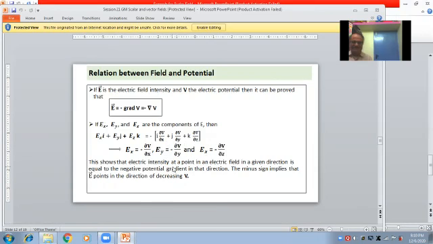This shows that electric intensity at a point in electric field in a given direction is equal to the negative potential gradient in that direction. So the minus sign indicates that E points in the direction of decreasing V. So as you are moving either in the x direction or y direction or z direction, the potential decreases. So for that you have to write this negative symbol.